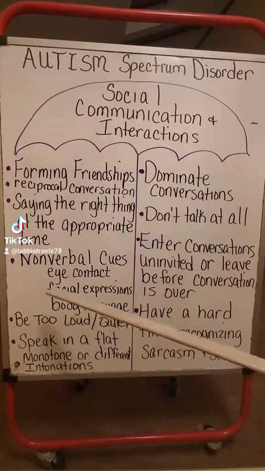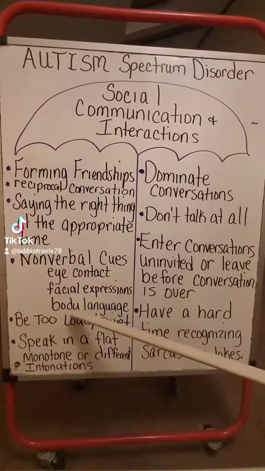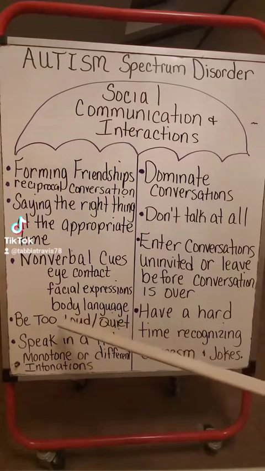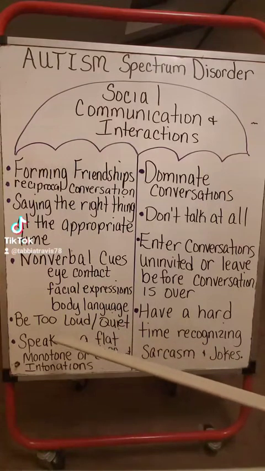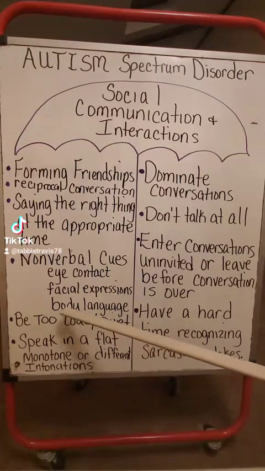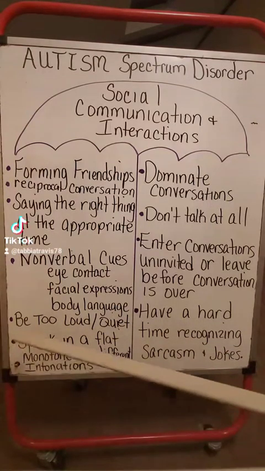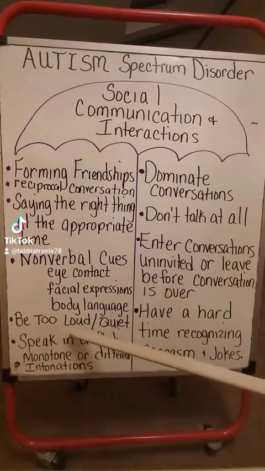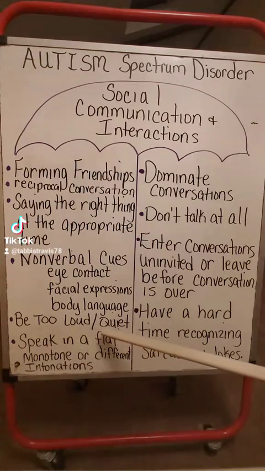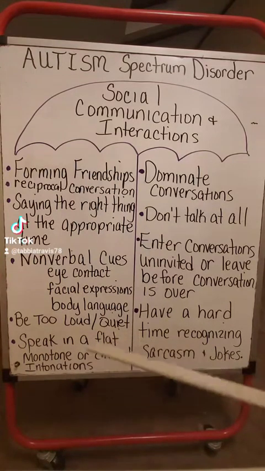Body language. They have a hard time reading body language, and they have a difficult time exercising body language when they're communicating. People on the spectrum might come off as being too loud, and sometimes they might be too quiet, like my daughter is.